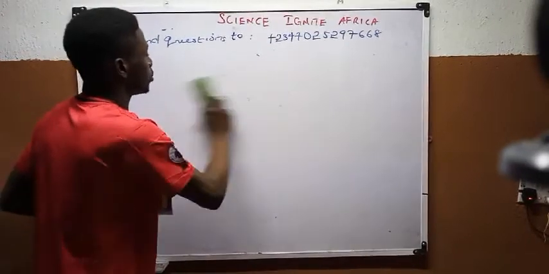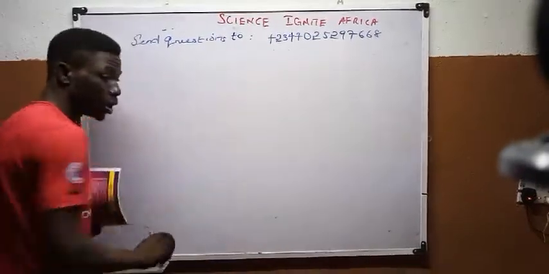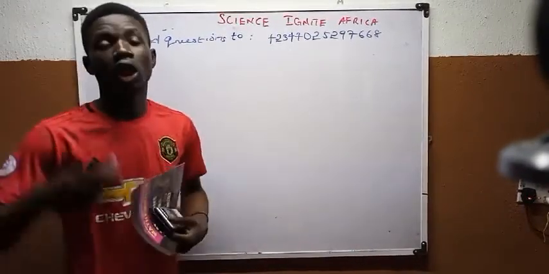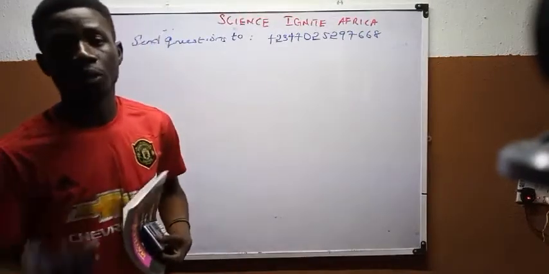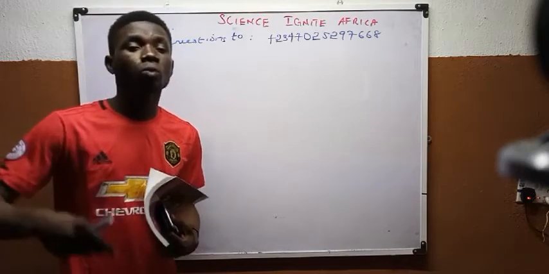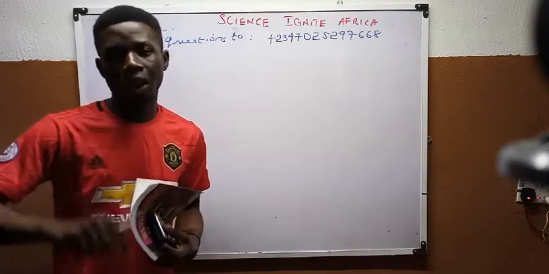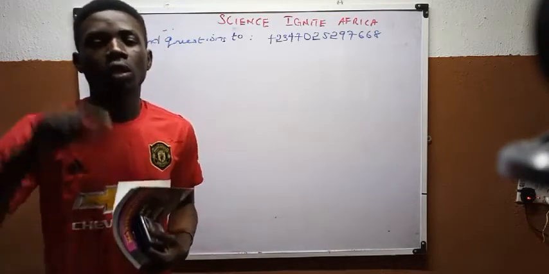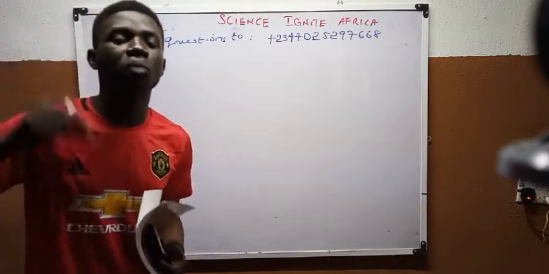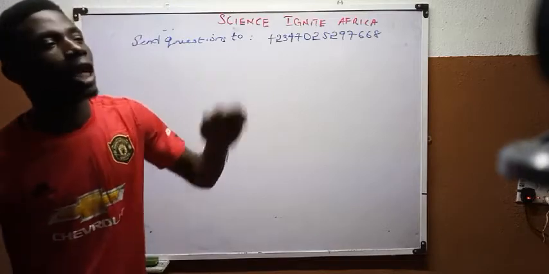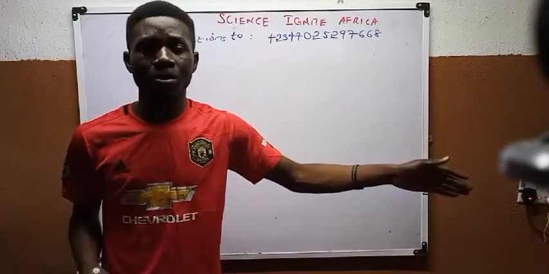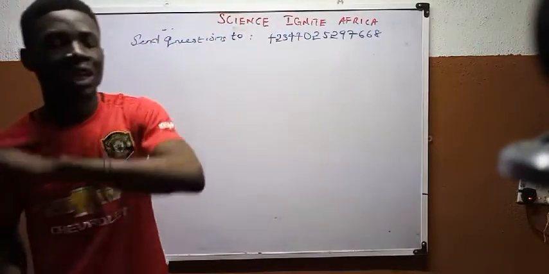Now, before you can add or subtract, because one of the things you can be asked in your question is to sum matrices together, or to subtract matrices from each other, the matrices must be of the same dimension. You cannot add a 2 by 3 matrix to a 3 by 2 matrix.